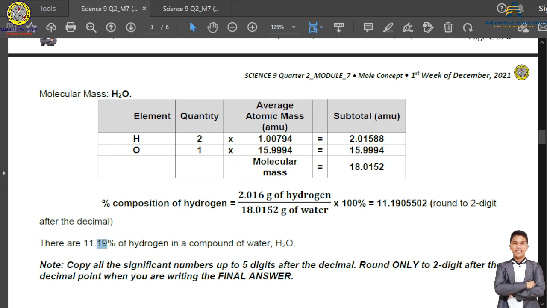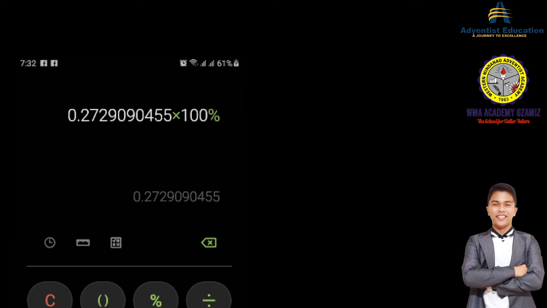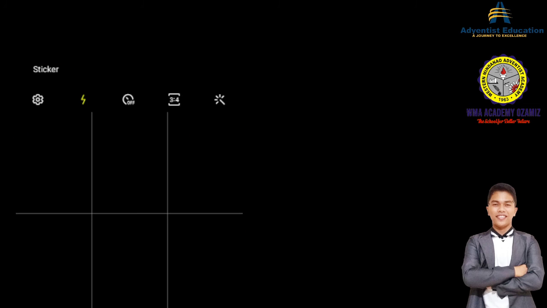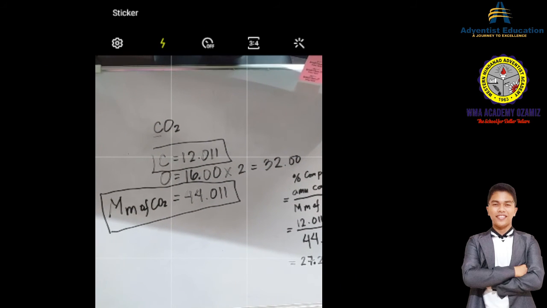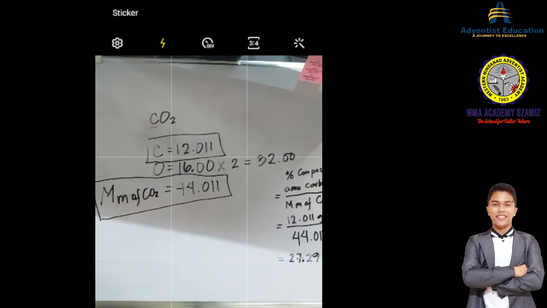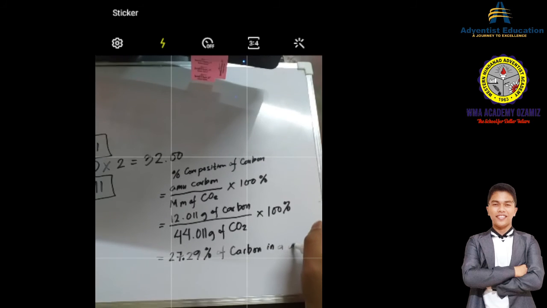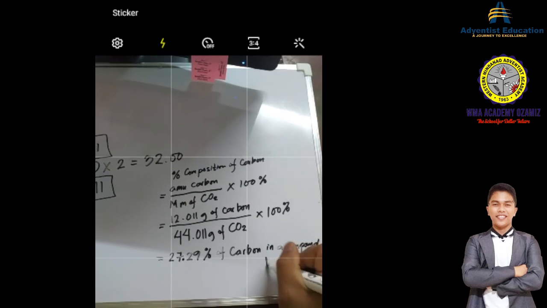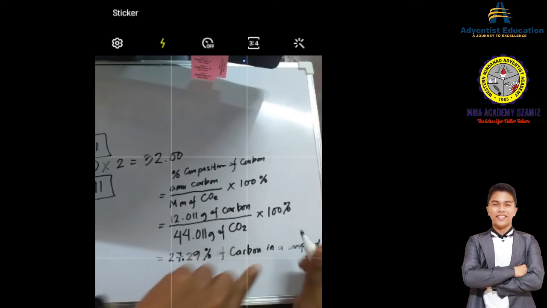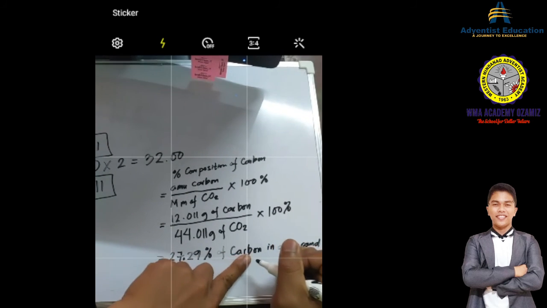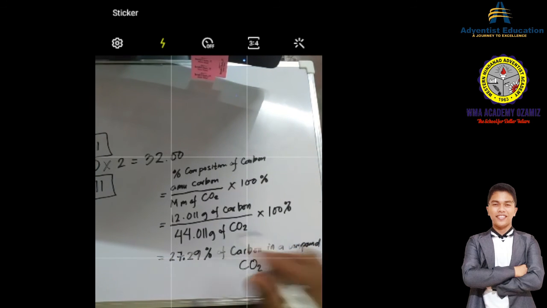in a compound. In a compound carbon dioxide, CO2, there are 27.29% of carbon.